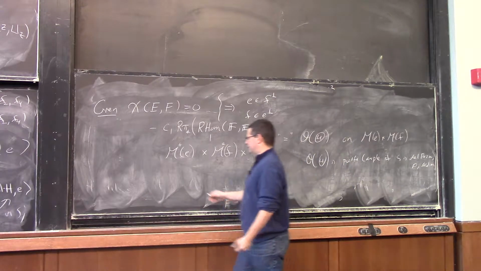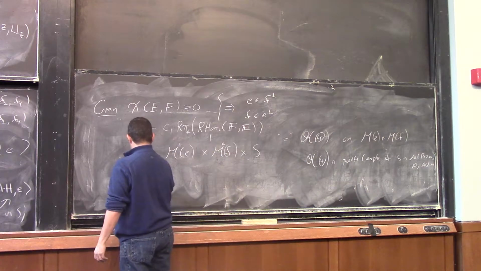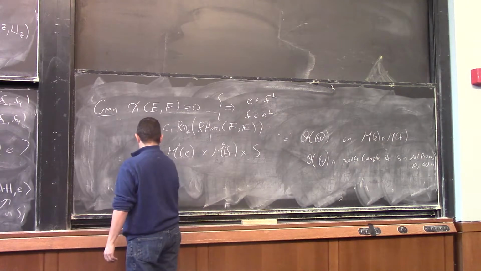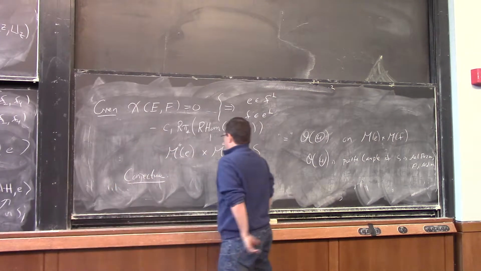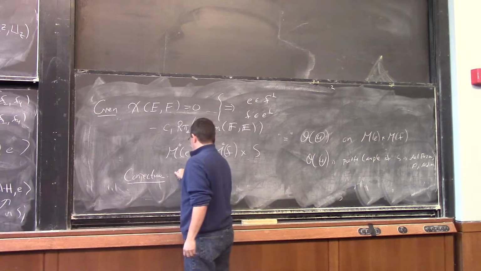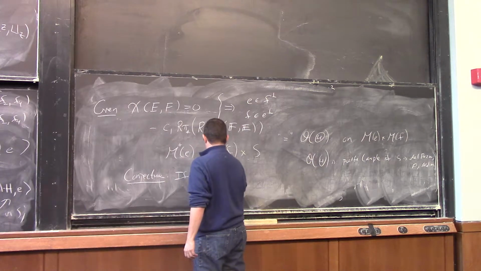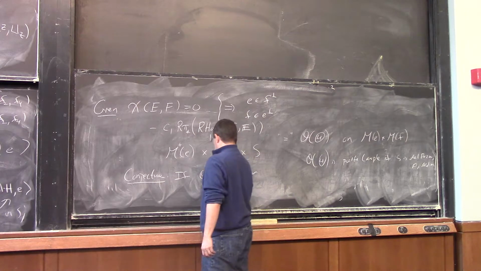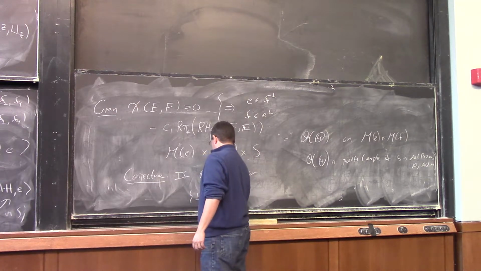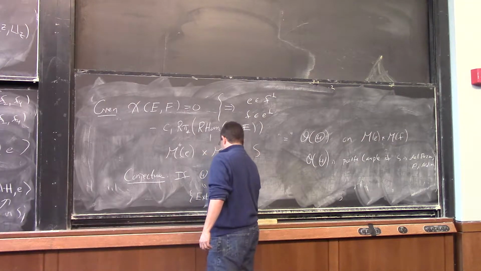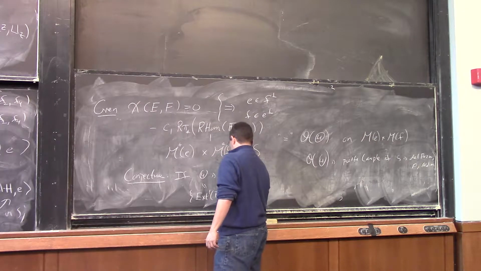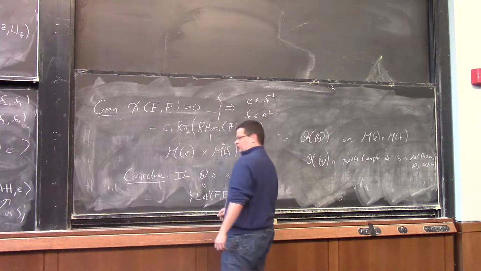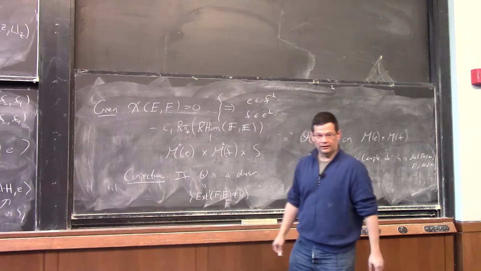So the basic conjecture of Le Potier was that, if theta is actually a divisor, what data would I pick? It would be the pair so that Ext1 of F E is non-zero, which I'm expecting to jump up in codimension 1 on a divisor.